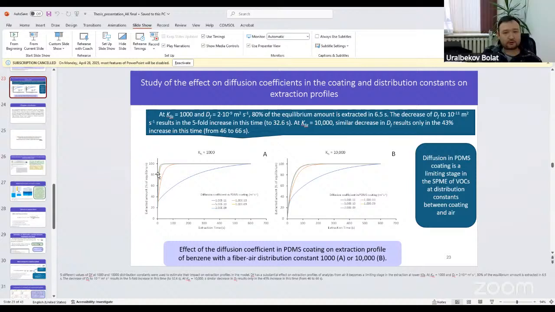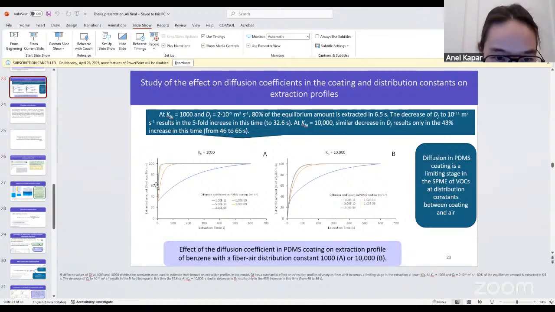Yeah. 6.5 or 5.5? 6.5. Look here. 80%, 6.5. And when 80% of the amount here, extrapolate to this will be about 40 seconds.